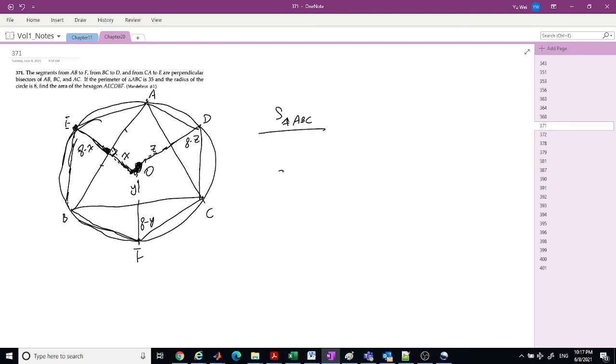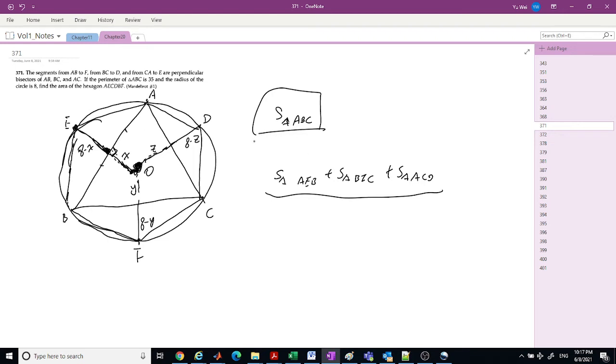The second part is the triangle AEB plus the triangle BFC, plus the triangle ACD. So for triangle ABC, you cut this one into 3 pieces.